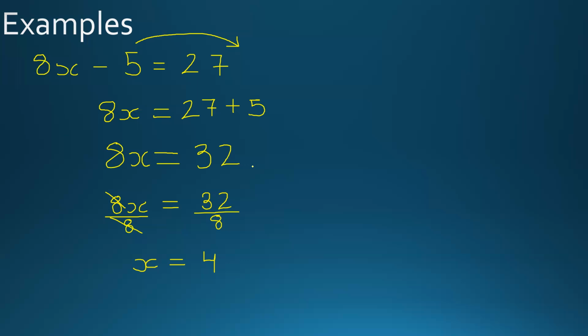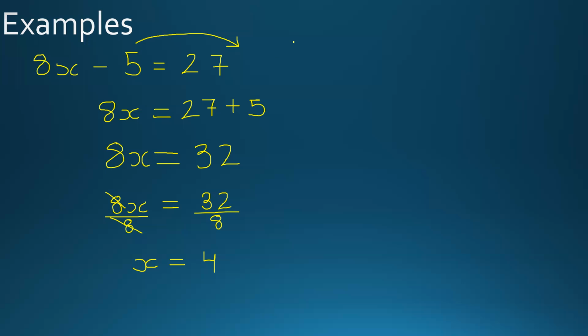Yes. So that's how you get the 4. Divide by what number? By 8, the beginning number. Yes, we divide by the number in front of the x. And 32 divided by 8 is what? 4. Excellent. Good stuff.